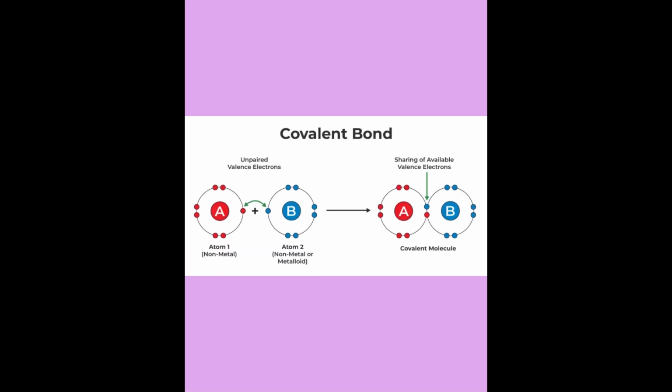So a covalent bond is formed by sharing of electrons. And why is this done? Of course, to attain stability. Each and every atom attains stability by completing the stable configuration, that is the octet configuration. So this is done by sharing of electrons in case of covalent bonds.